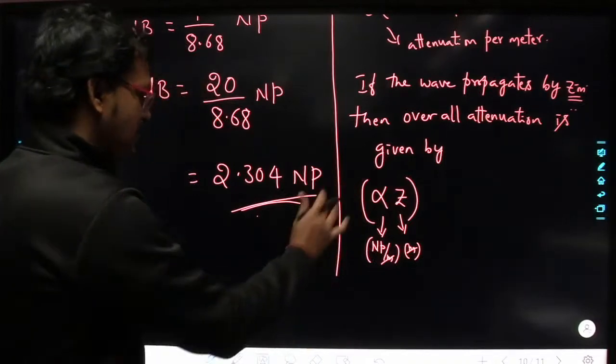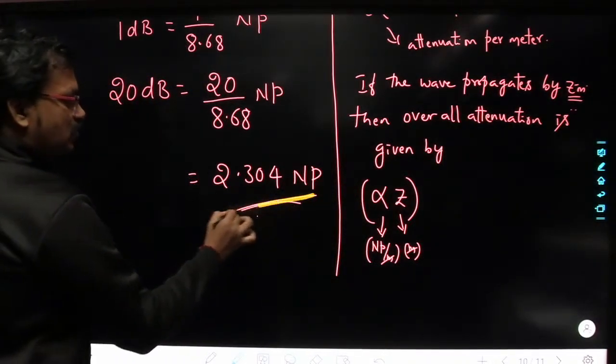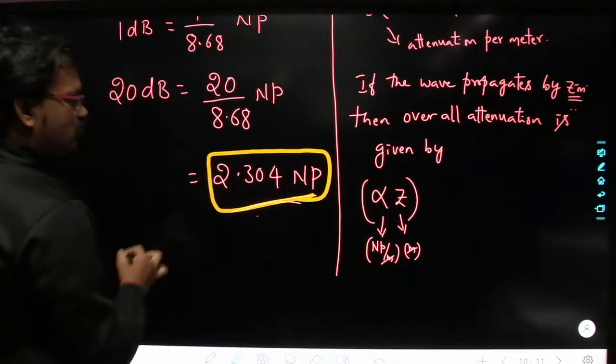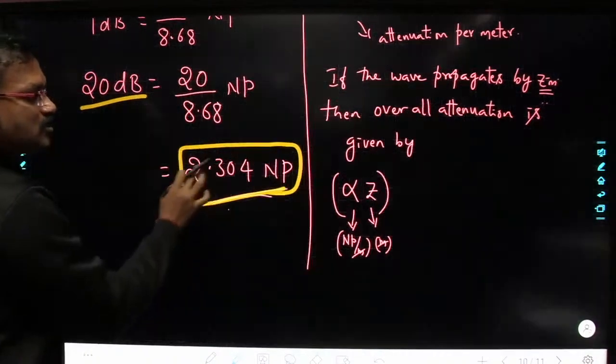So the overall attenuation in Neppers is 2.304. 20 dB is equivalent to 2.304 Neppers.